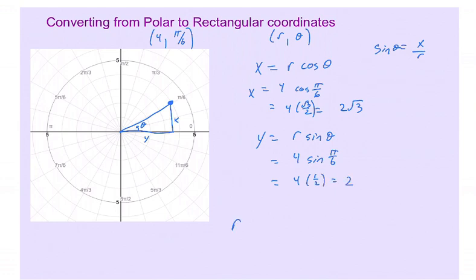So the rectangular coordinates at that spot are 2 root 3, comma 2. So that is the rectangular coordinate at that point.